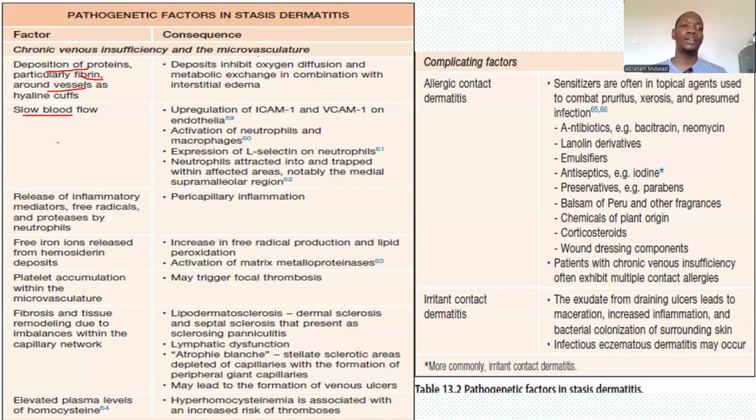This can cause the upregulation of ICAM and then VCAM-1 on the endothelia. Because of this, we have activation of neutrophils and macrophages to try and calm down the inflammation, to try and address the issue. They'll bring with them inflammation and destruction of the blood cells. And then you can also have expression of L-selectin on neutrophils, and the neutrophils are attracted into and trapped within the area, notably usually the medial supramalleolar region.